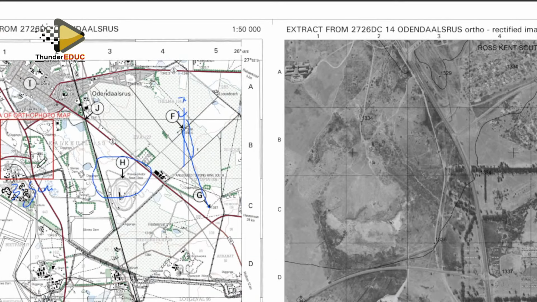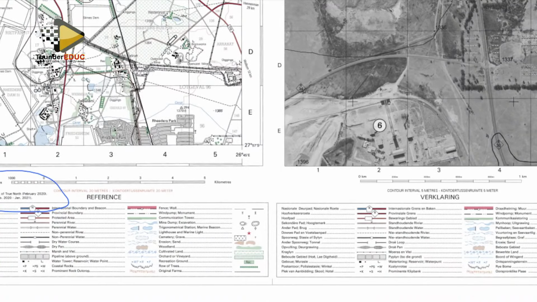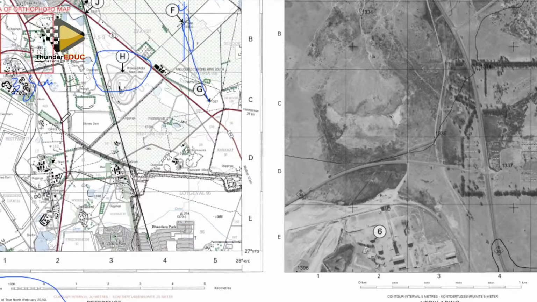Then that road goes down R30. So this road here is basically R30, this one that comes through, but we are focusing on this part here. So this corner here is this corner here. So you can see that is what we mean by integrating the map.